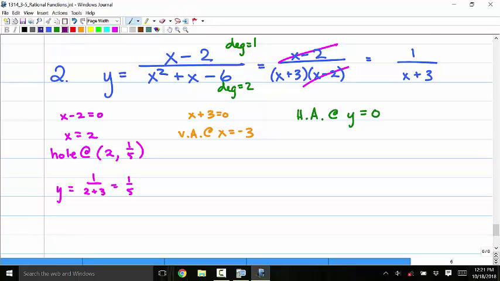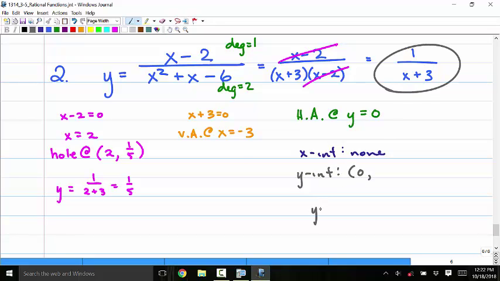Is there going to be an x-intercept? No. So x-intercept is none. For my y-intercept, if I plug 0 into x, I get 1 over 0 plus 3, which is 1/3. My y-intercept is 0, 1/3.